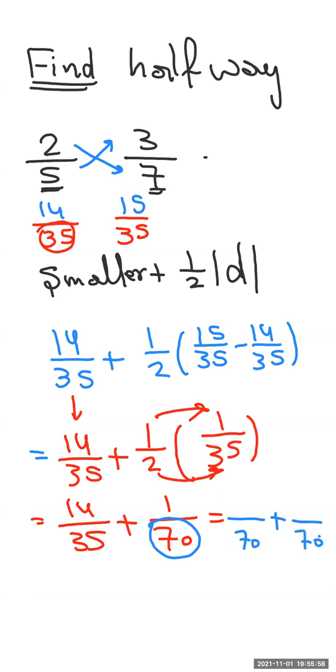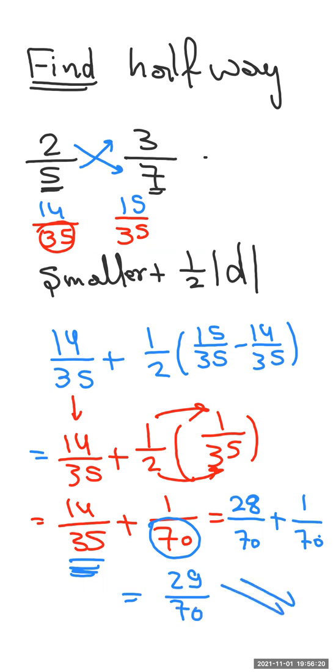To get the numerators, 14 was multiplied by 2 because it was 35, so 28, and this one is already over 70, so 1. So it equals 29/70. That's it. That is the required number which lies at the middle distance between 2/5 and 3/7.